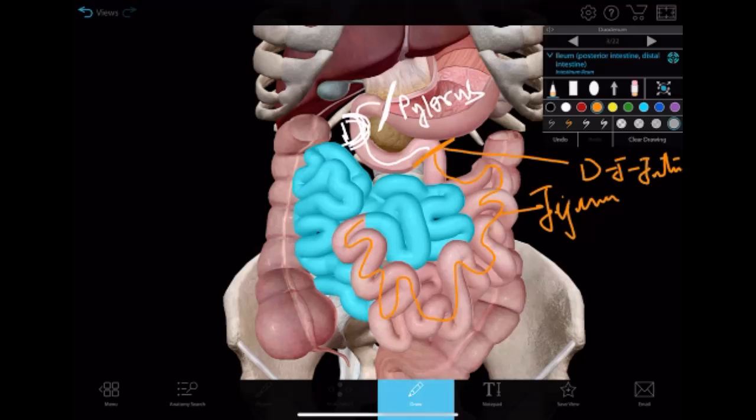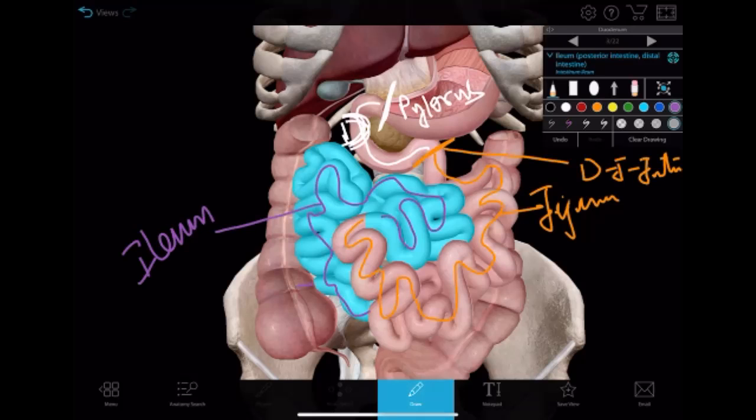So the terminal part, all these loops are ileum. The ileum continues as the cecum.